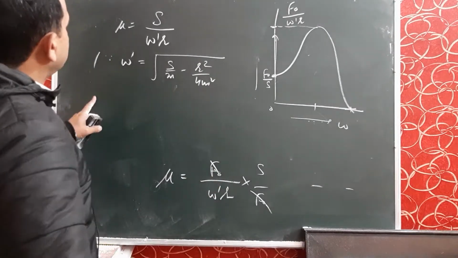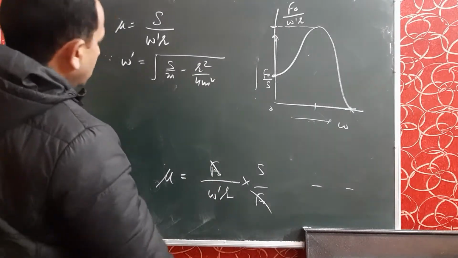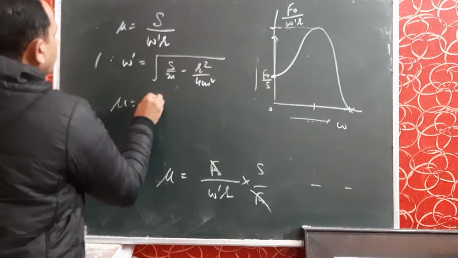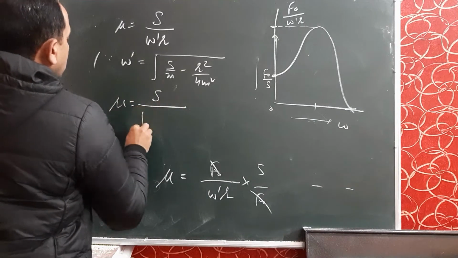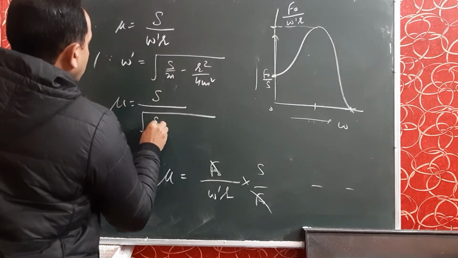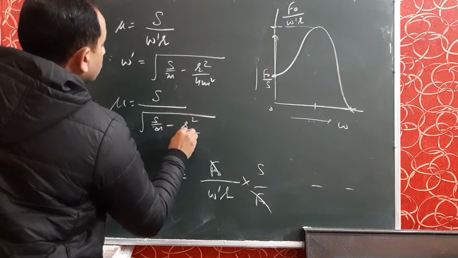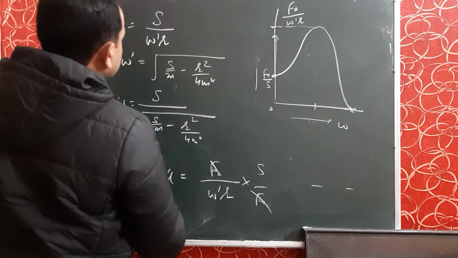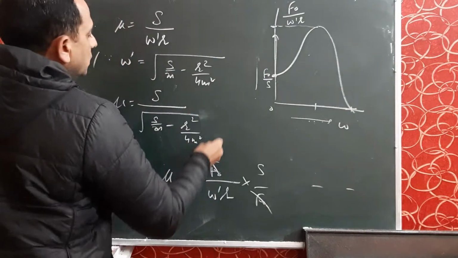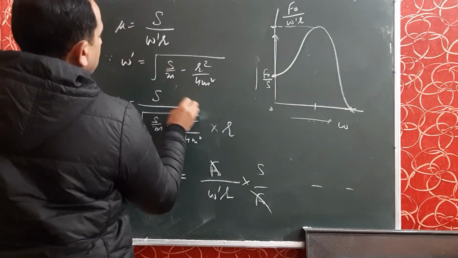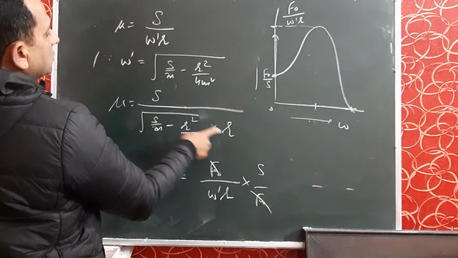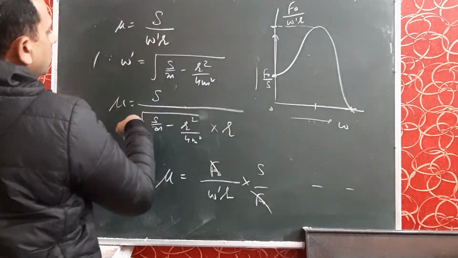By putting this value, we get mu is equal to s over the square root of s by m minus r square upon 4m square, into r.